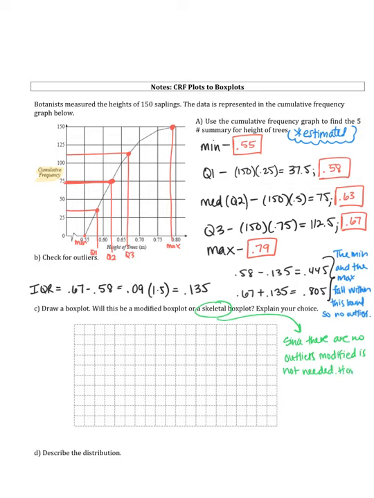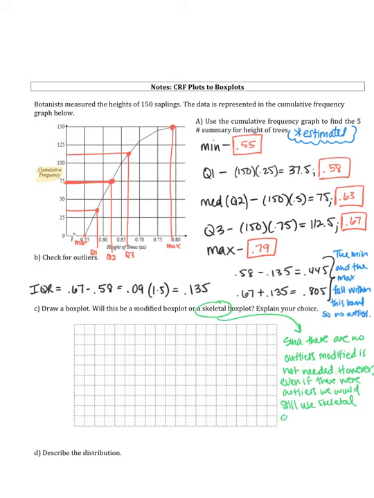However, even if there were outliers, we would still use a skeletal box plot. And that's because we don't have specific data points.